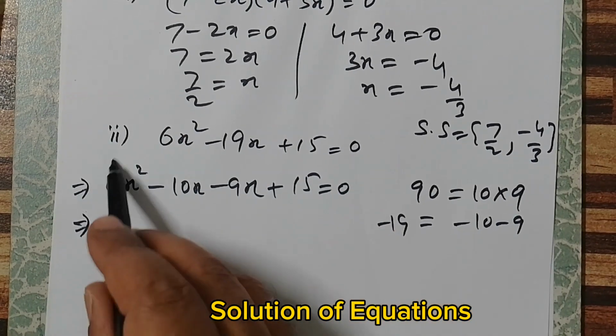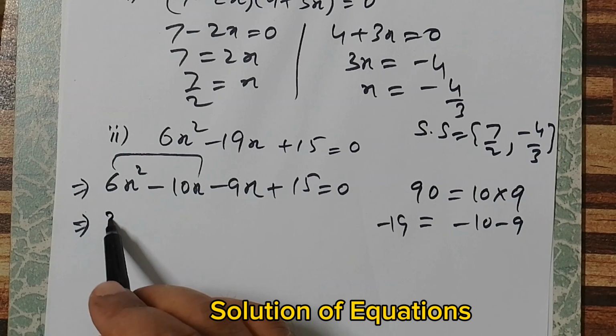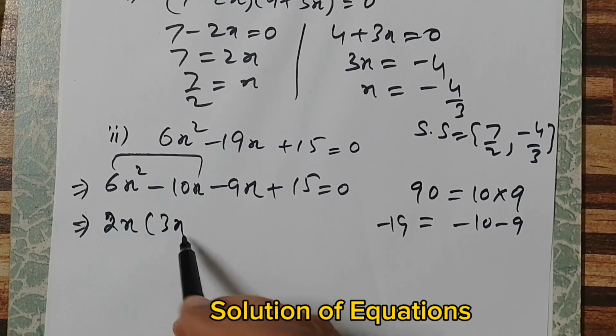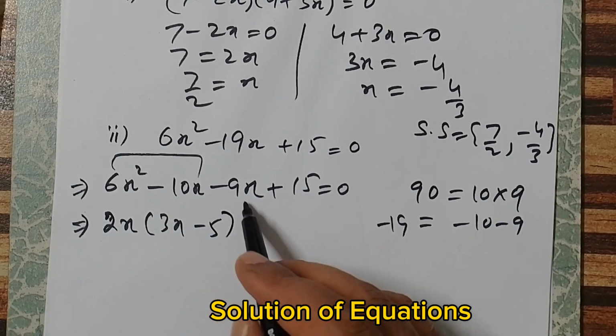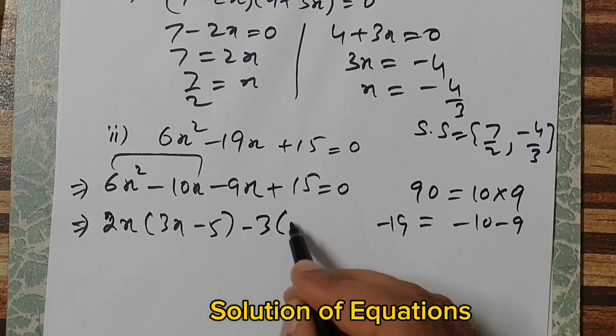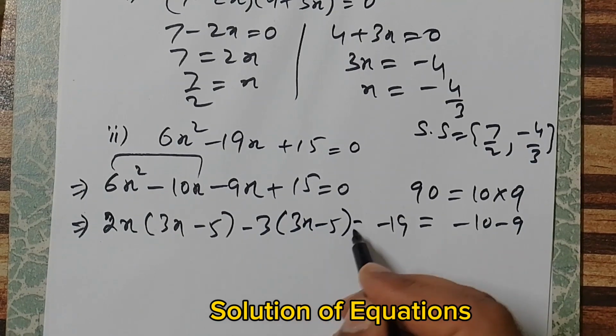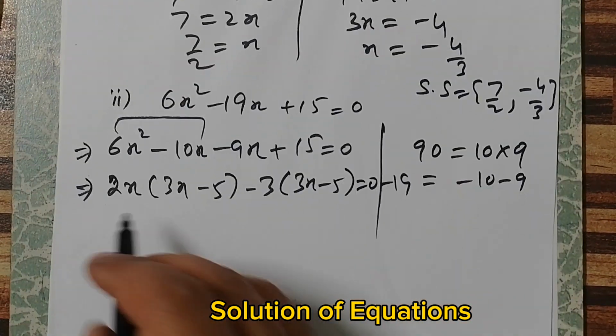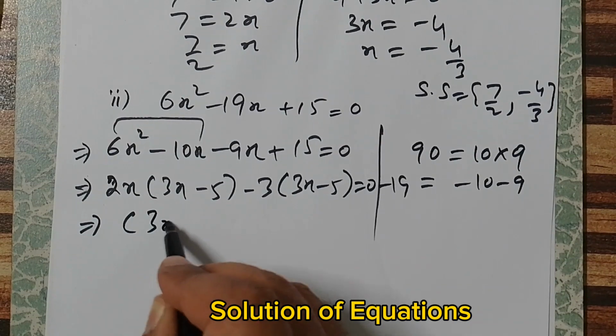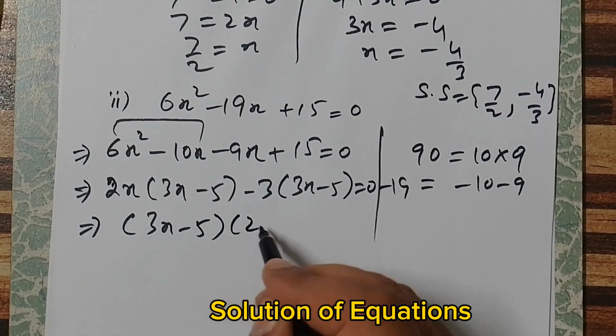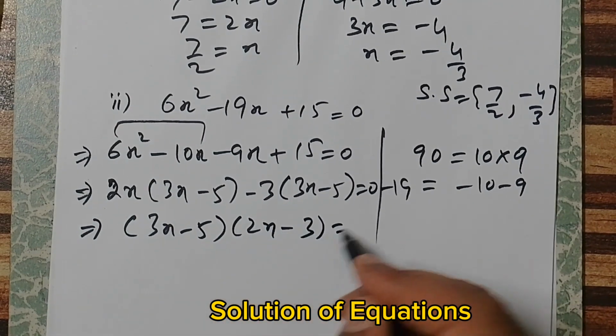And now for the first two terms, we can take 2x common, 3x minus 5 inside the bracket, and here I can take minus 3 common, again 3x minus 5 inside the bracket, and this makes 3x minus 5 into 2x minus 3 equal to 0.